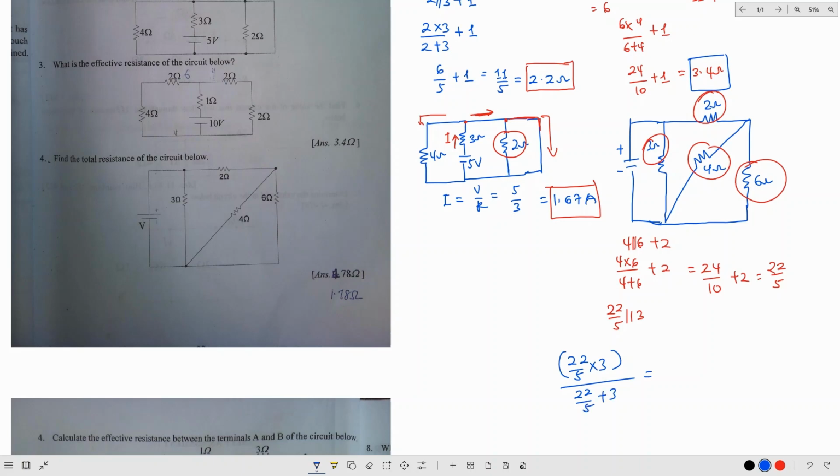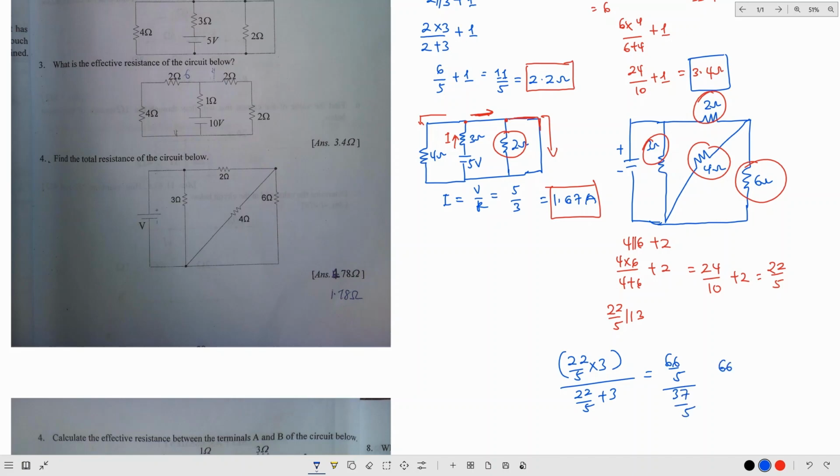So let's simplify this. 22 on 5 times 3 will give us a value of 66 on 5. And then 22 on 5 plus 3 will also give us a value of 37 on 5.